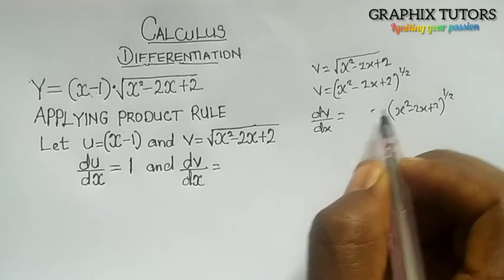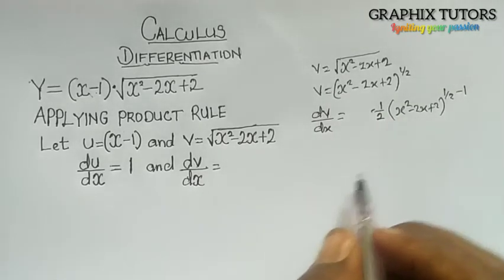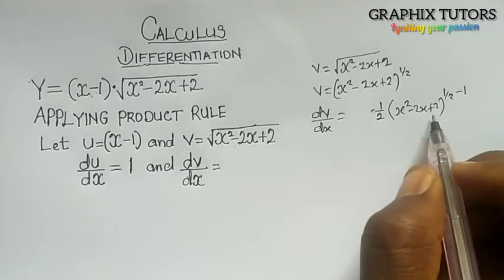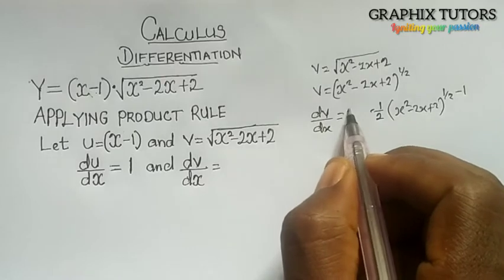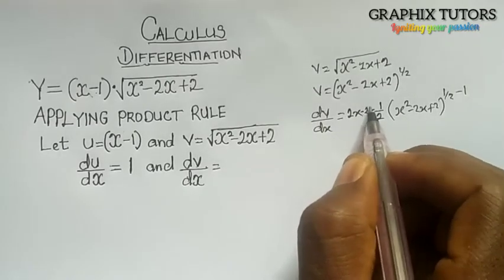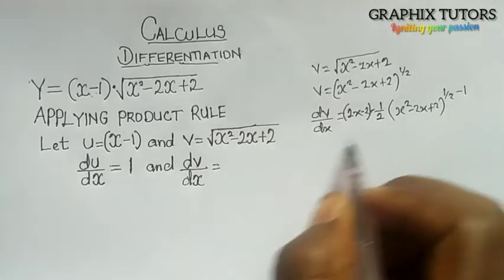Now, to differentiate this, dv over dx is (x squared minus 2x plus 2) to the power of 1 over 2; I bring the 1 over 2 in front and subtract 1. That's the first stage. The second stage is you differentiate everything inside. Differentiating x squared gives 2x, and differentiating 2x gives minus 2.